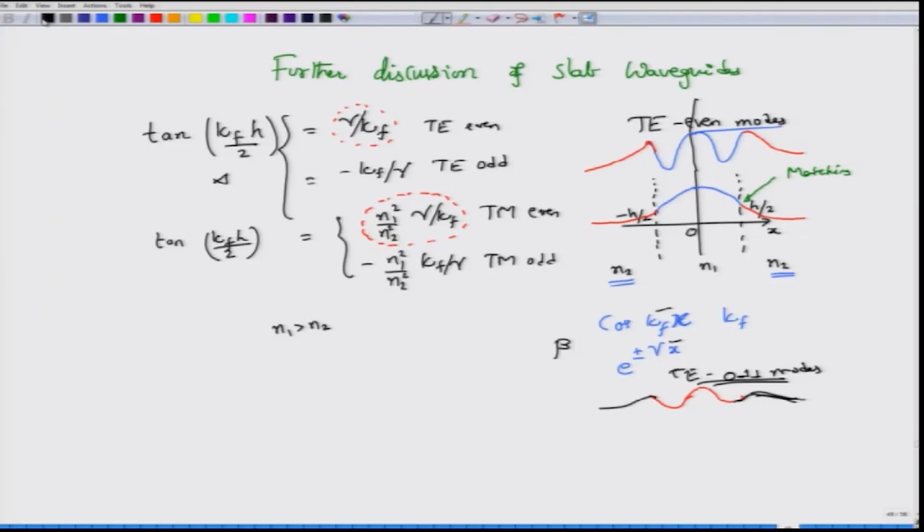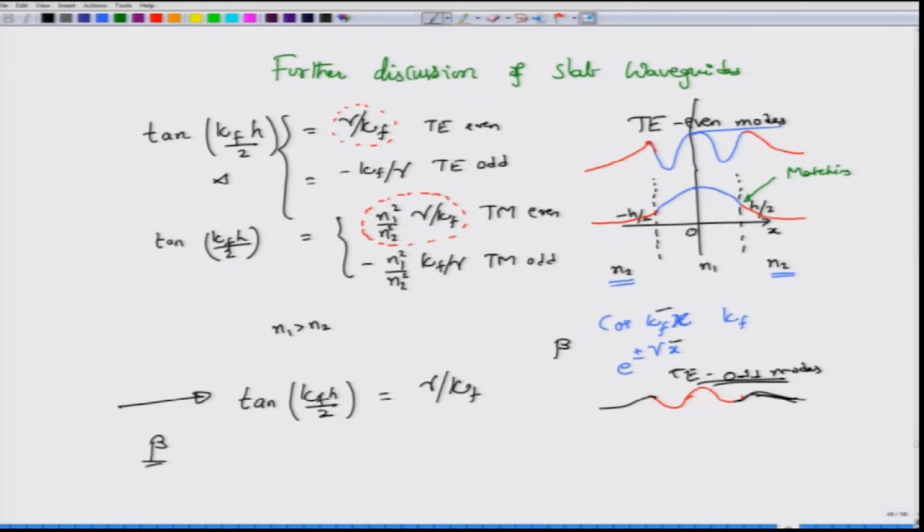And now what I want to do is to consider one of these equations, because the procedure for the other equations would essentially be the same. So, I will consider the transverse electric even mode, and I want to solve this equation. So, how do I solve this equation? My goal would be to find beta, but I am not going to do this in a straightforward manner.